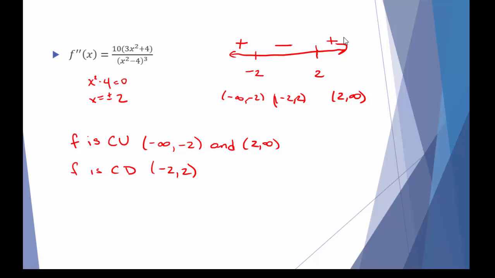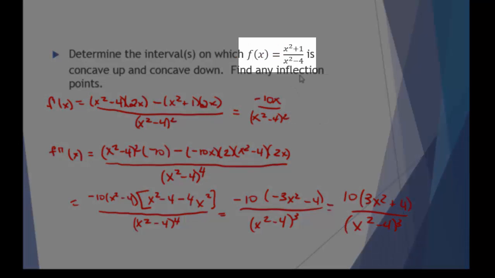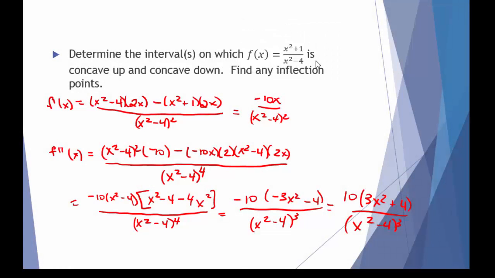Remember, the definition of inflection points was that the numbers had to be in the domain of the original function. So I'm not looking at the second derivative anymore. I need to examine the original function, which is back here. Notice, what numbers are out of the domain of the original function? Well, 2 and negative 2 are out.